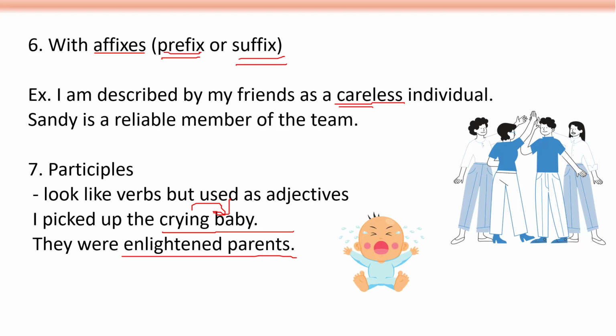But in this case, this participle enlightened is used as an adjective which modifies the word parents. They were enlightened parents. What kind of parents? Enlightened parents. Not confused parents, enlightened parents, okay? Are you enlightened or not? Okay.